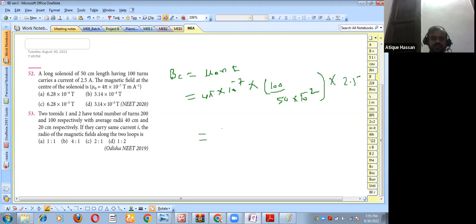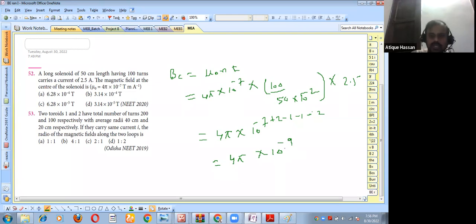We'll get 4 pi into 10 to the power minus 7 plus 2 and minus 2, so we'll get 4 pi into 10 to the power minus 9, right?